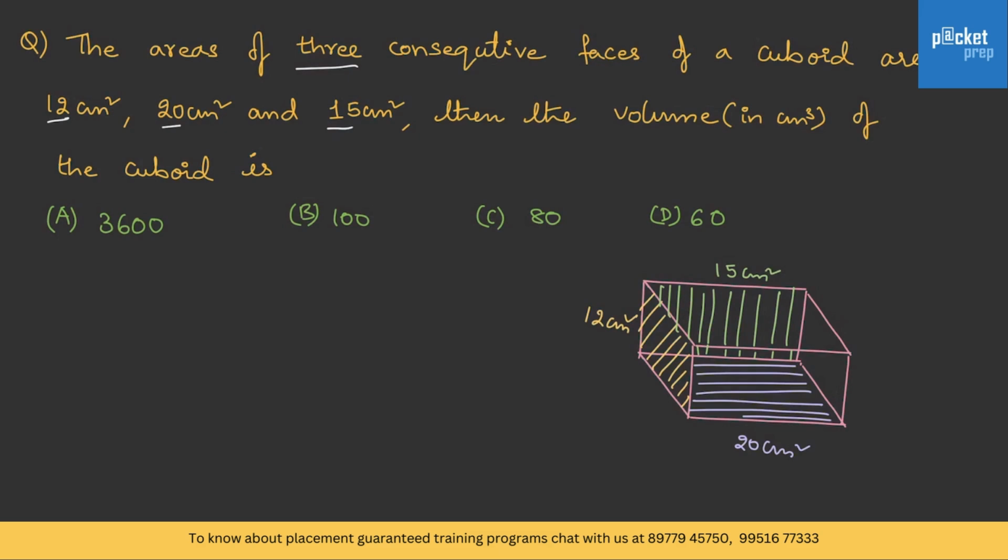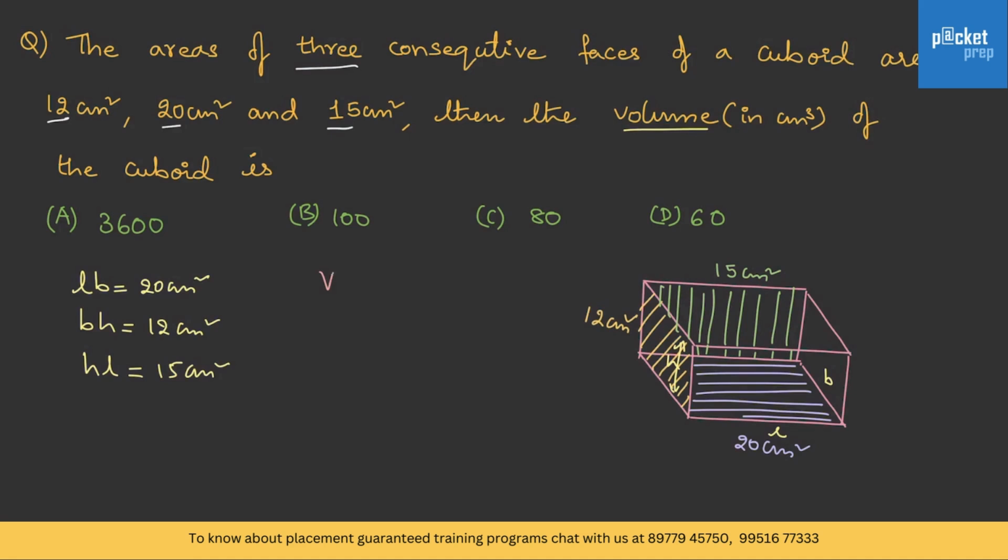If I label the edges, let's take this to be L, this is B, and this one as H. So from this I can write LB is 20 centimeter square, BH is 12 centimeter square, and HL is 15 centimeter square.